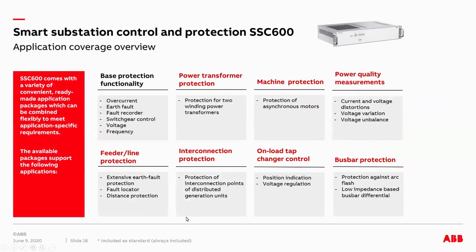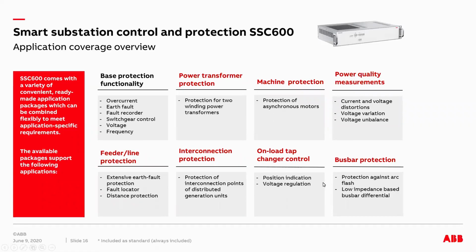Again, here is a little more detailed view of what protection packages can be loaded on SSC 600. It comes with the base protection functionality, and on top of that, we can add power transformer protection, machine protection, power quality measurements, feeder or line protection including distance protection, interconnection protection for DER, distributed energy resources, tap change control, and bus bar protection.